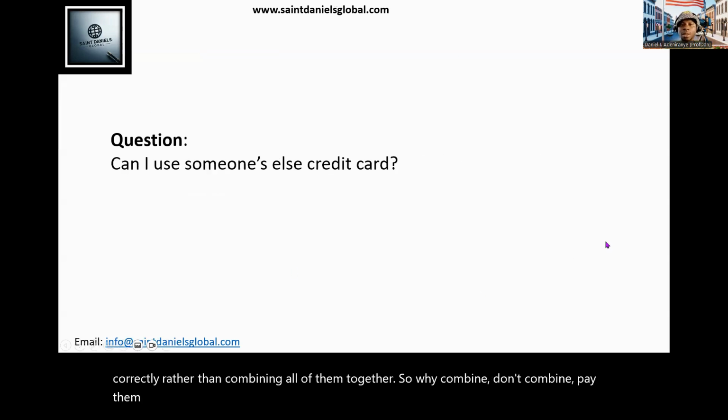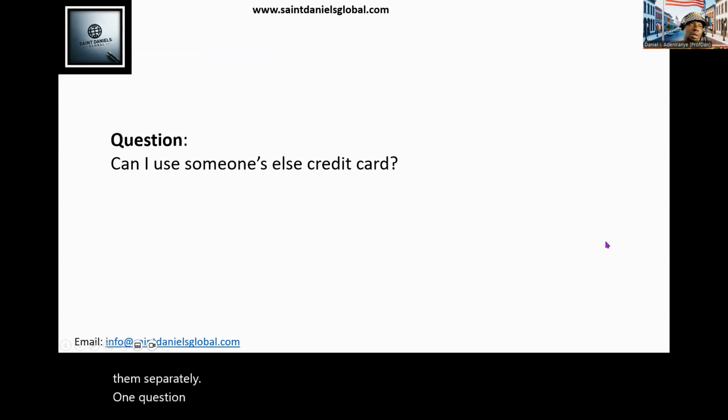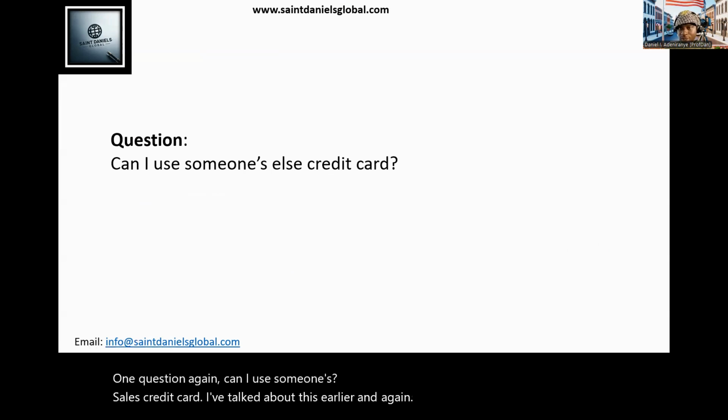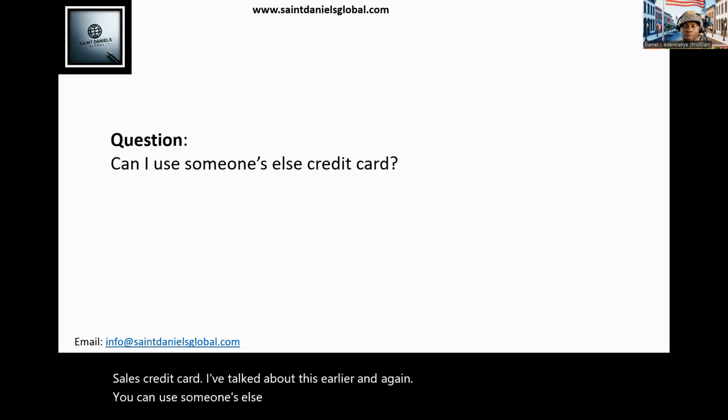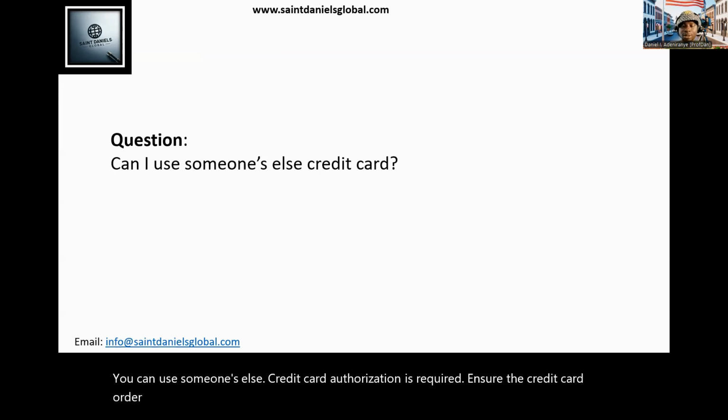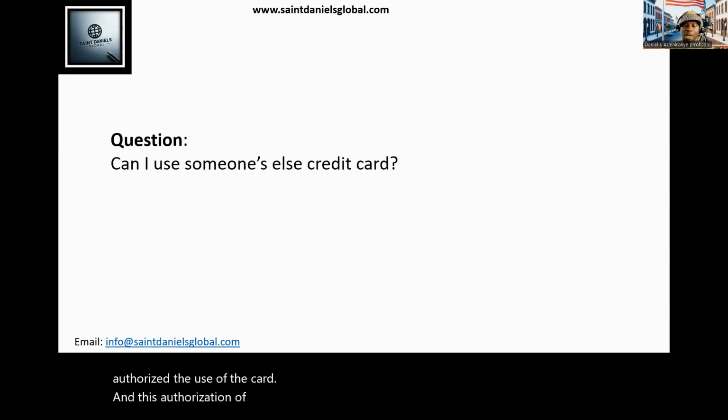One question again, can I use someone else's credit card? I've talked about this earlier, and again, you can use someone else's credit card. An authorization is required. Ensure the credit card holder authorizes the use of the card. And this authorization, of course, is important as it on its own indicates the cardholder's consent to the transaction.